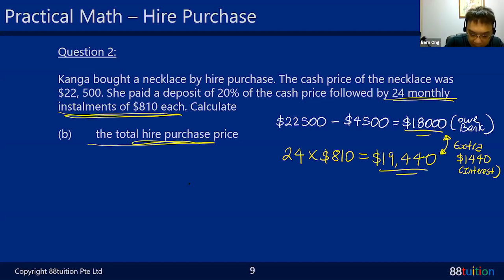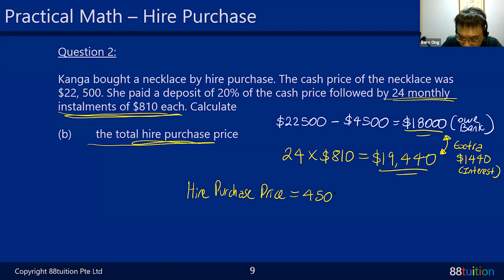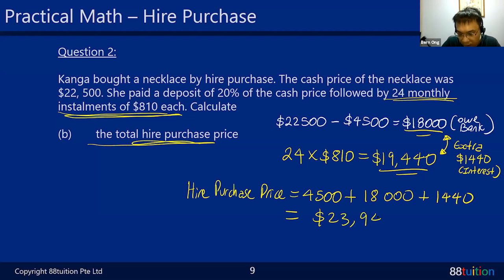So the hired purchase price is equal to the deposit she already paid, 4,500, plus what she owes the bank, 18,000, plus the extra of 1,440. The total hired purchase of everything will be 23,940. Can you see?